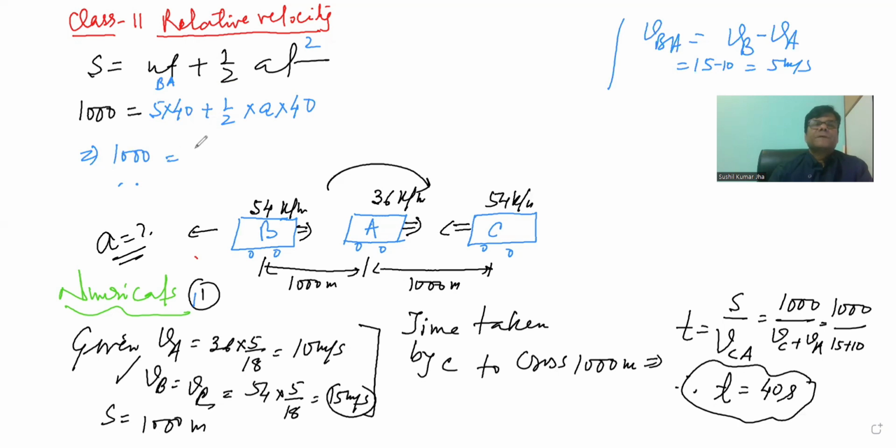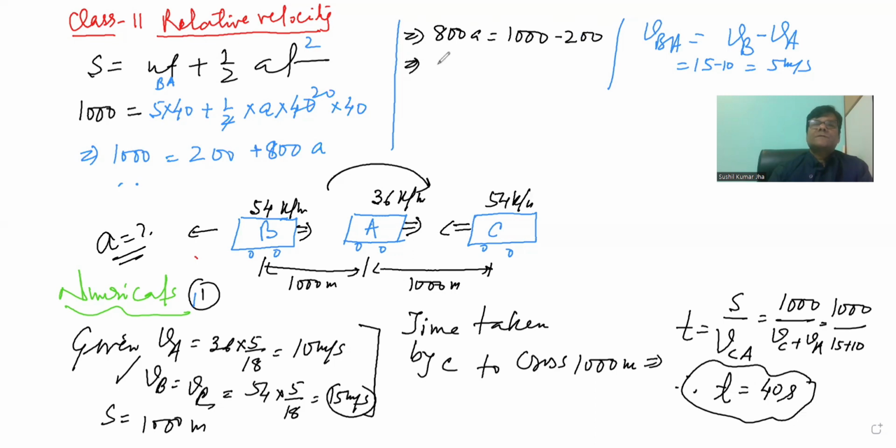1000 is 200 plus, if we solve, 40 into 40 into half, so it is 800A. So 200 plus 800A, and therefore 800A could be this 1000, this 200 will come in LHS.